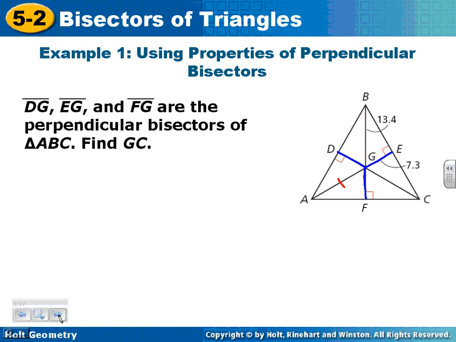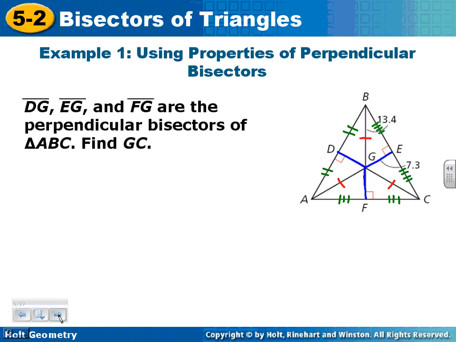This segment and that segment would be congruent. But also, the sides are split in half because it's a perpendicular bisector. So this half would equal this half, and this half would equal that half. And let's do 4 tick marks. 1, 2, 3, 4. 1, 2, 3, 4.